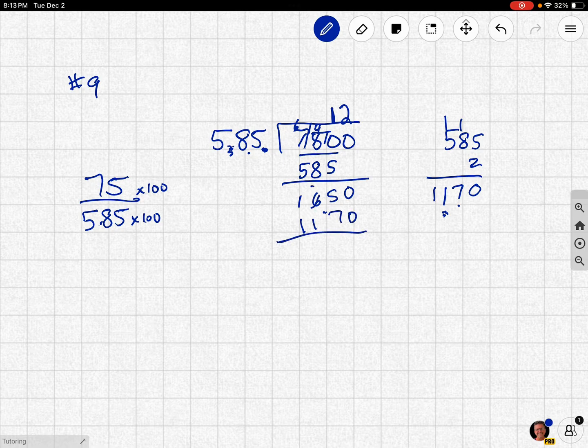And I regroup, make that a 5, 8, 4, 480 left over. So it's 12, remainder 480, which is not really that important because it says how many burritos can Santa Claus buy. And so in my, oh, crud.